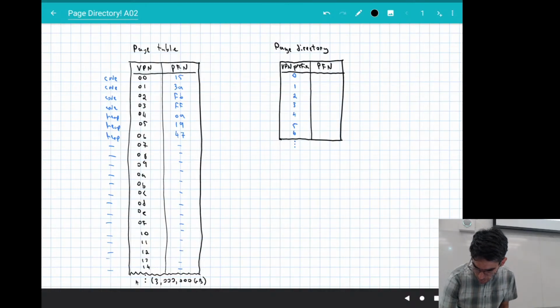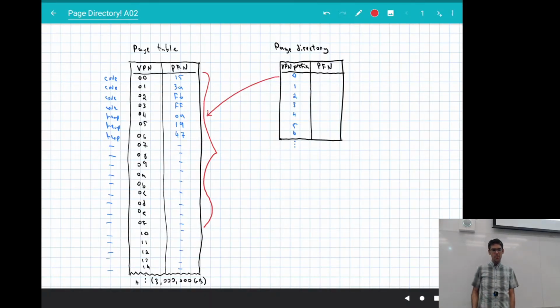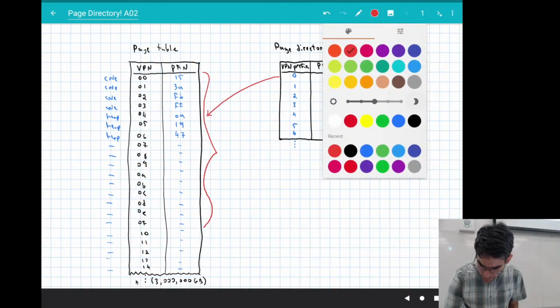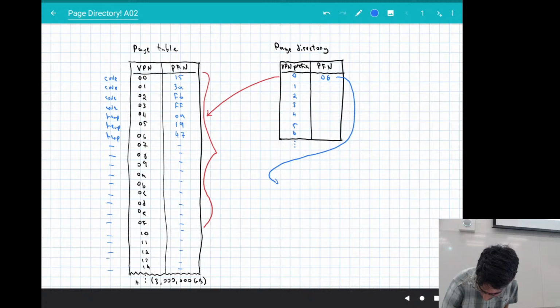So here, for entry number 0, I want to have one single page that represents all of the virtual addresses in this table that start with a 0. I'm going to say that this is going into page frame number 06. Where this actually is in physical memory is irrelevant. It doesn't matter. But this then is going to be a page table itself.